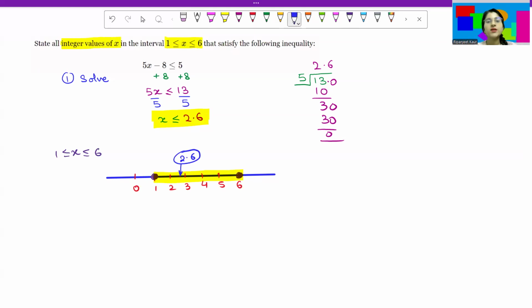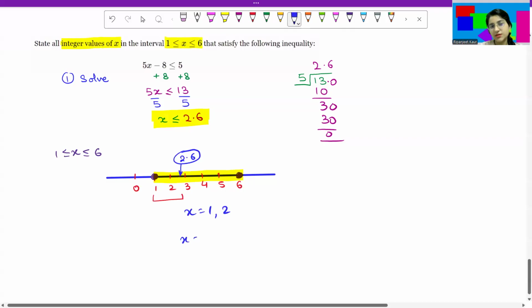What are the integer values which are less than or equal to 2.6? Since it's less than, we would look at the left side. So 1 and 2. Yes, very good. So the solution is x equals 1 and x equals 2, the integer values which are going to satisfy our given inequality.